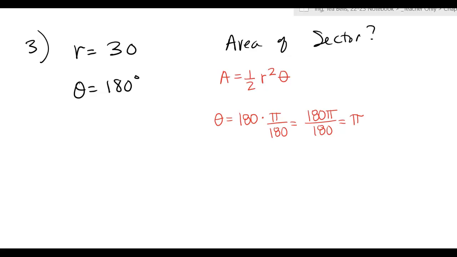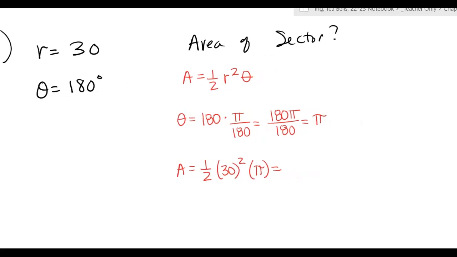All right, so now that we have pi, we're going to plug it into our equation. So 1/2, our radius is 30 squared, times our angle, which is pi. All right, so 30 squared would be 900. 900 times 1/2 would be 450. And then we have times our pi.